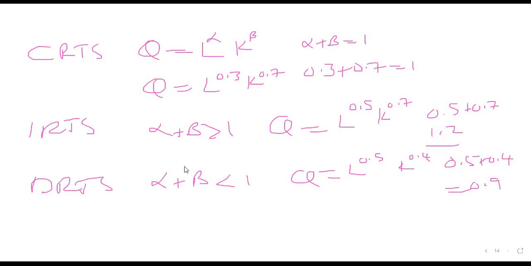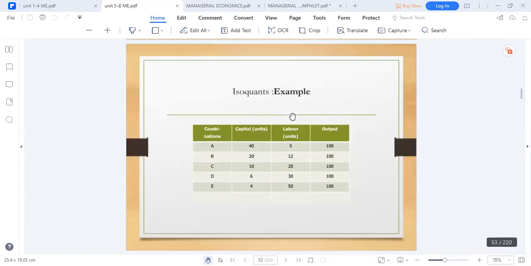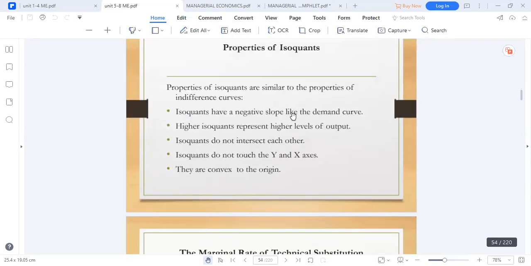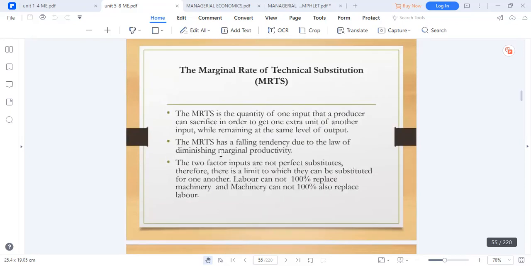We've also mentioned a key concept of isoquants, which is simply a graph that shows combinations of 2 inputs which offer the same level of output. So isoquants are similar to indifference curves in that they have a negative slope, and an isoquant above the other has more output. They don't crisscross, they don't touch the axis, they are convex, not concave, convex about the origin.